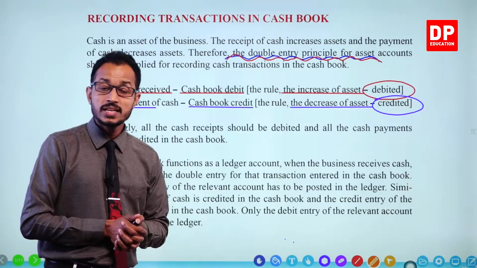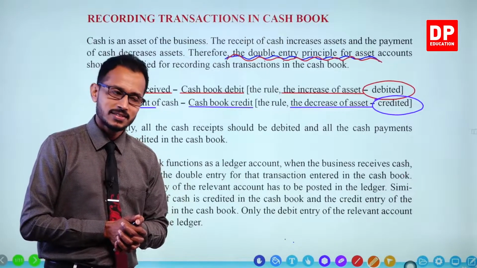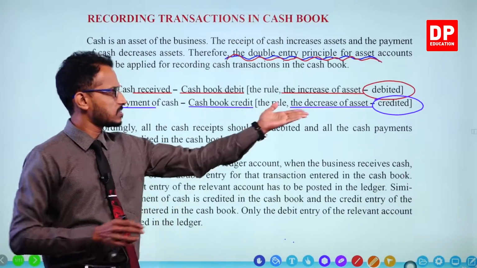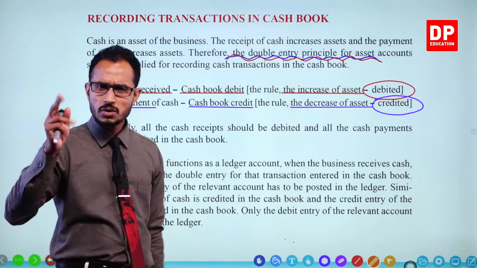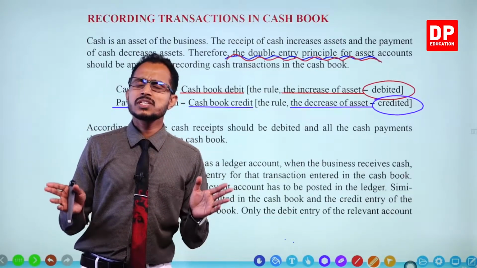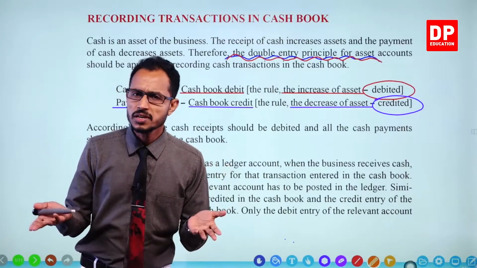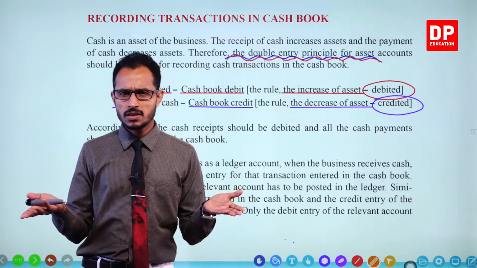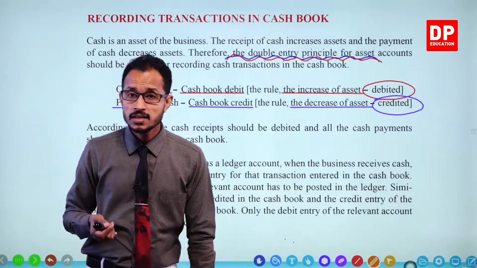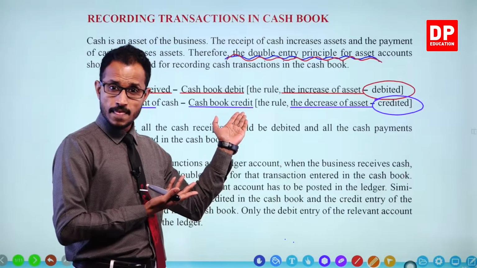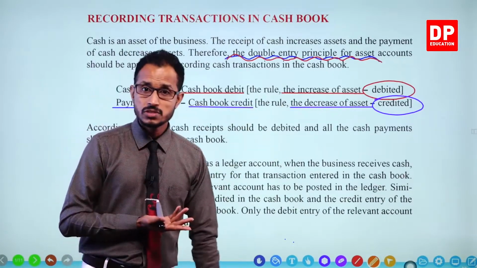We talk about debits and credits when we talk about ledger accounts. So what? This is a ledger account. The cash book is a ledger account.